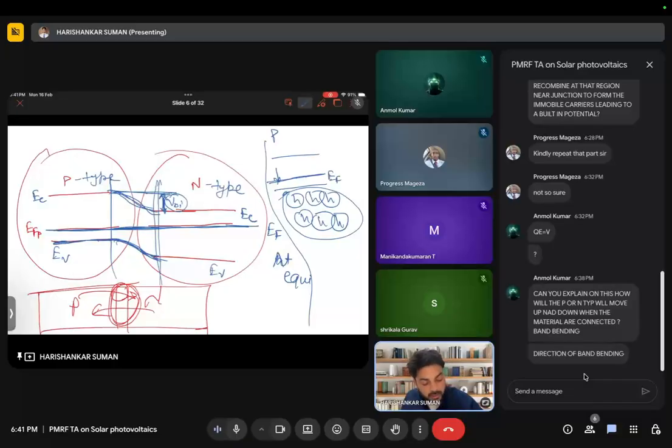So whichever side is higher, it goes to that side. So this is for p type, and for n type, let's say it goes upside like that, because the number of electrons is higher.